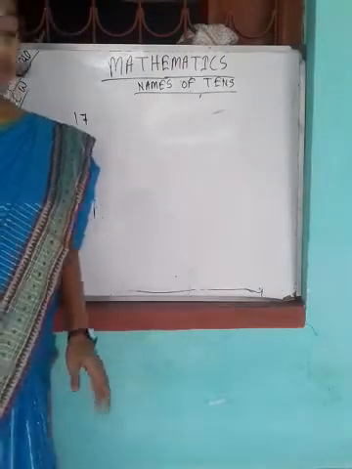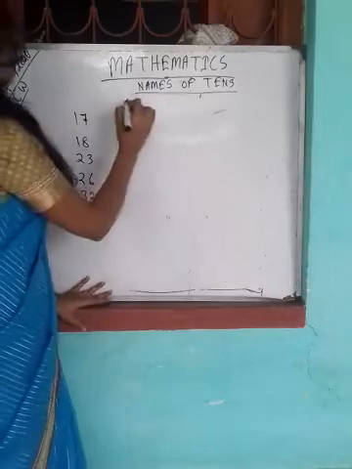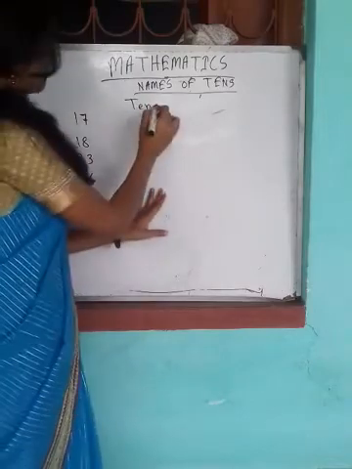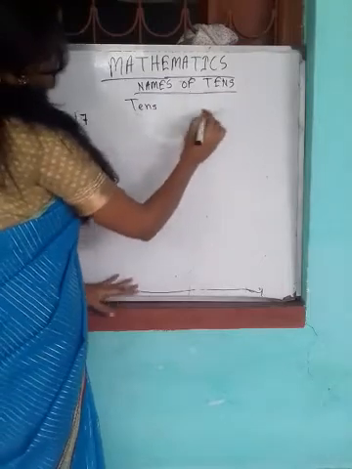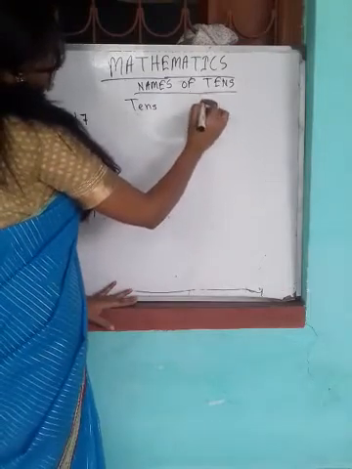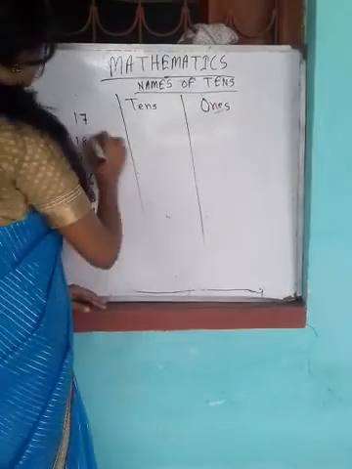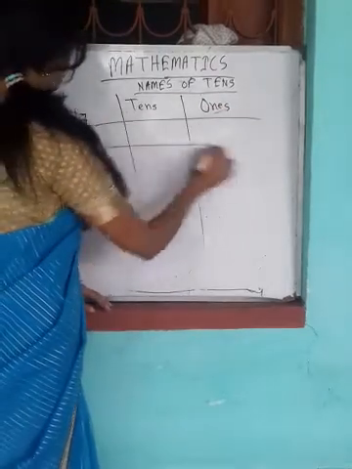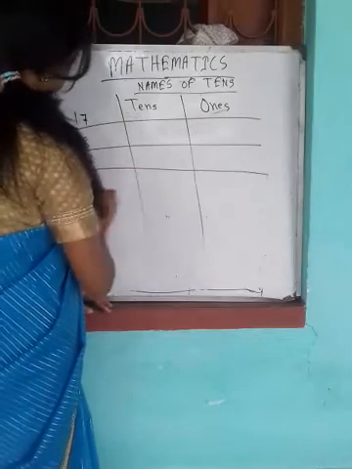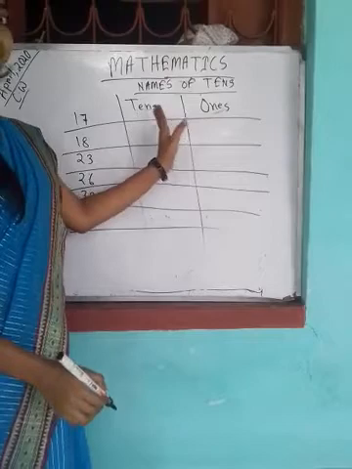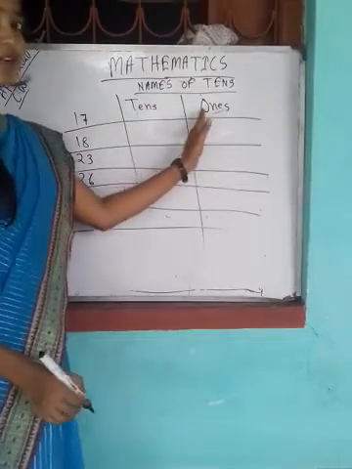This is how numbers are given, okay? And there are tens place and ones place. Okay, 2 rows are given, 1 for tens place, 1 for ones place.